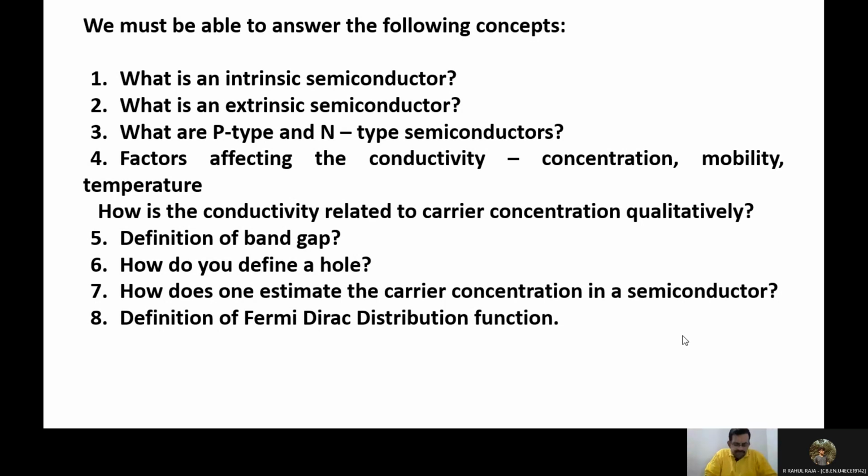We have to invoke this distribution function because we are dealing with electrons, which are subatomic and indistinguishable, and they obey Pauli's exclusion principle in filling a state. So keeping these aspects in mind, the statistics to be applied is the Fermi-Dirac distribution function. What is the importance of this distribution function in the carrier concentration is something I will explain in detail in this class.